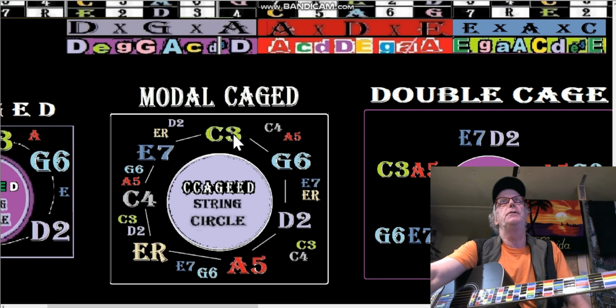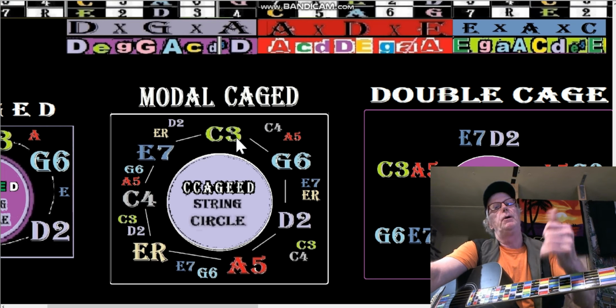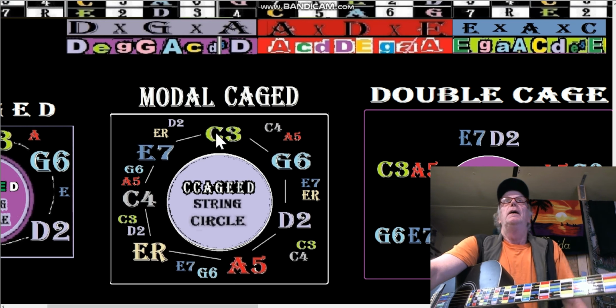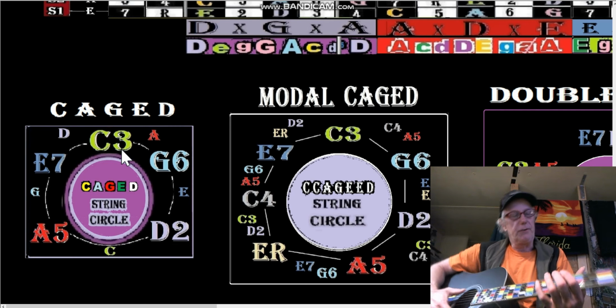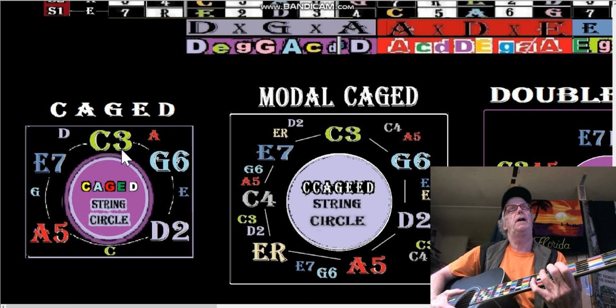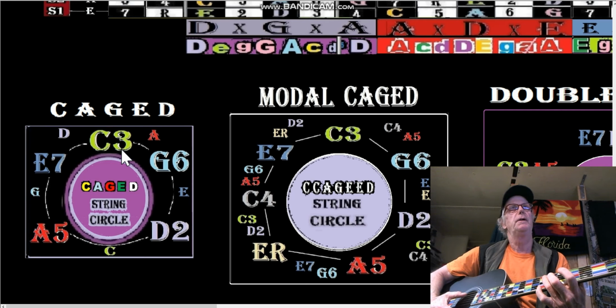So you can use this system to go to the right, to the left, up, or down. In the old cage system, it's nice. There's our C3, 3, 4, 5. Next string would be G, 6, 7, root.